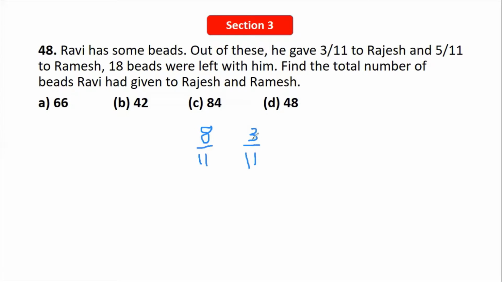If 3/11 equals 18, then 1/11 should be equal to 6, because we divide both sides by 3.